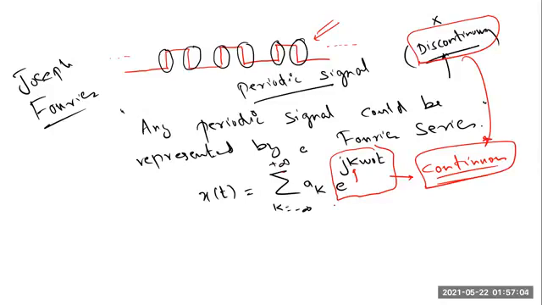Now, what we know today is that Fourier was not correct in the sense that all periodic signals would have a Fourier series. We will talk about the condition under which a periodic signal will have a Fourier series.